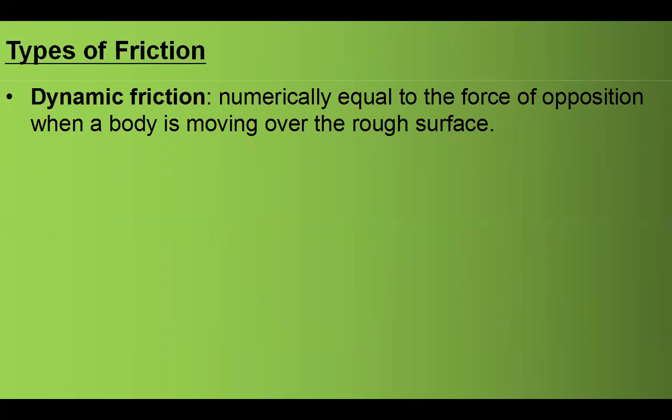Dynamic friction is numerically equal to the force of opposition when a body is moving over a rough surface. When the body is in motion over the rough surface, we get dynamic friction, as the term dynamic means that the body is in motion or movement.